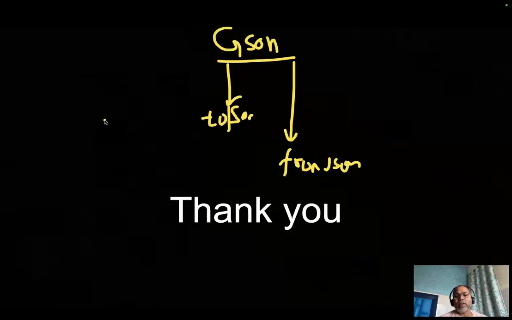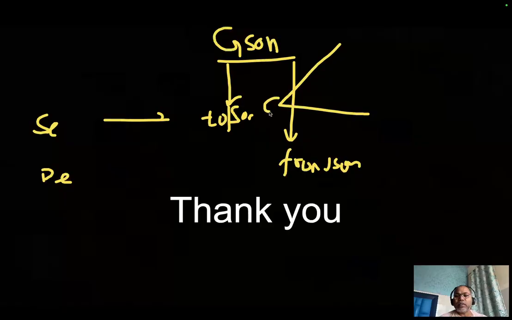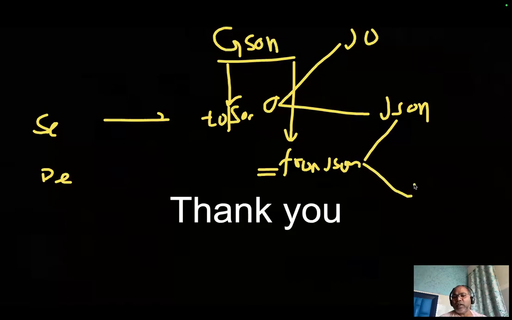Here for serialization, here for deserialization. That means you pass the Java object to this API, and you can get the JSON. This is the deserialization: here you can pass the JSON string, and you can get the Java object.